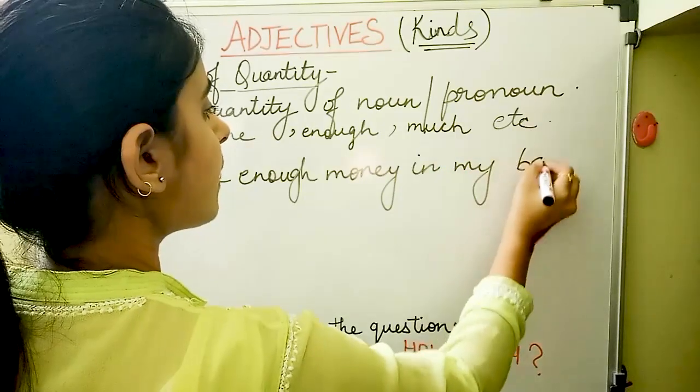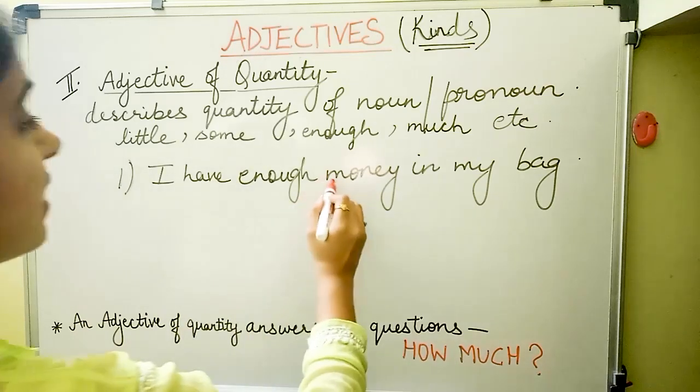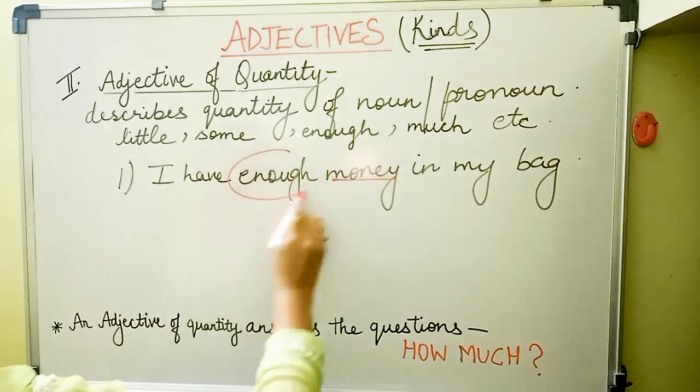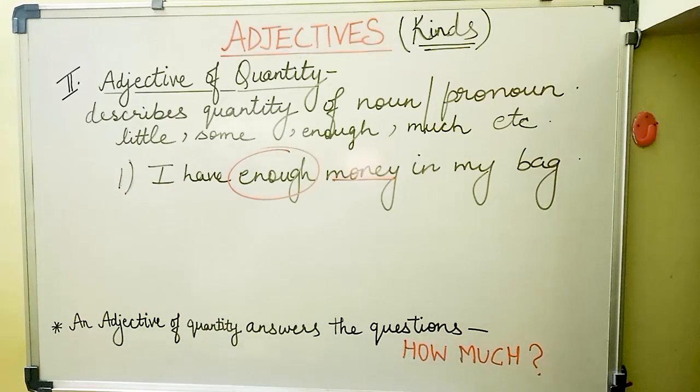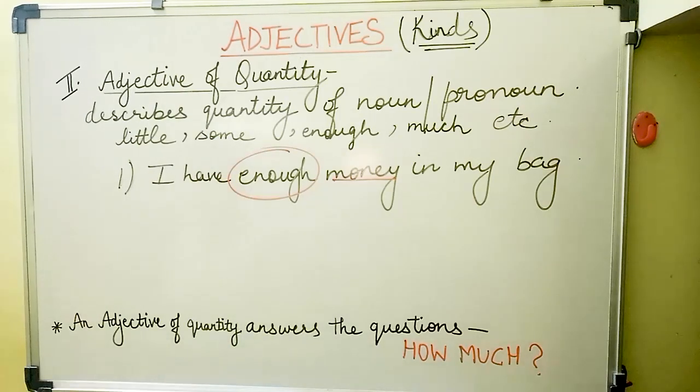Now here, the adjective of quantity that describes the noun money is enough. Here enough describes the quantity of money that I have in my bag. So it is an adjective of quantity.